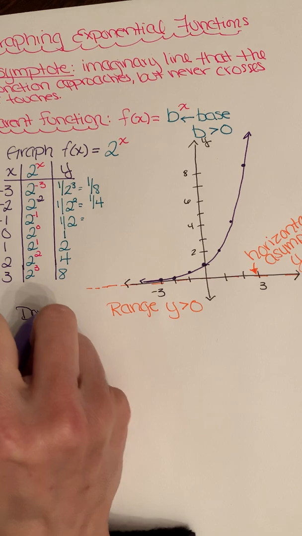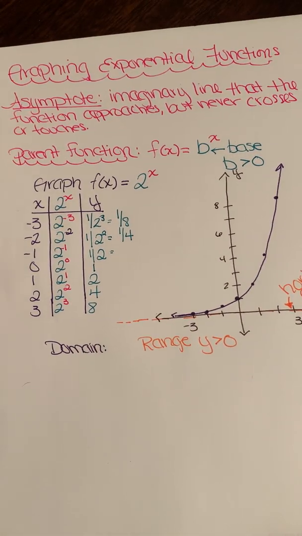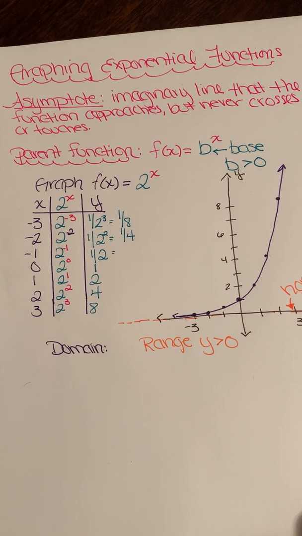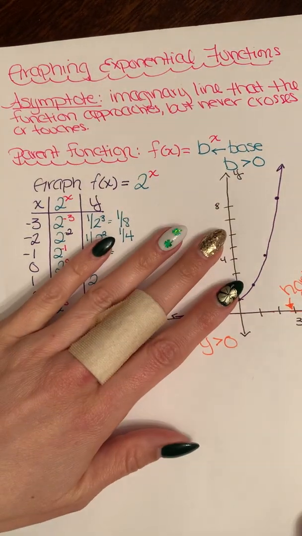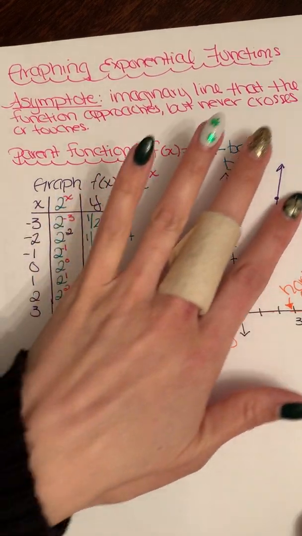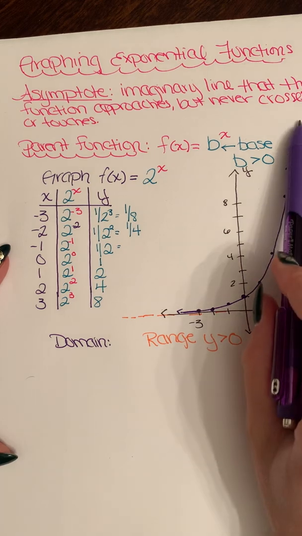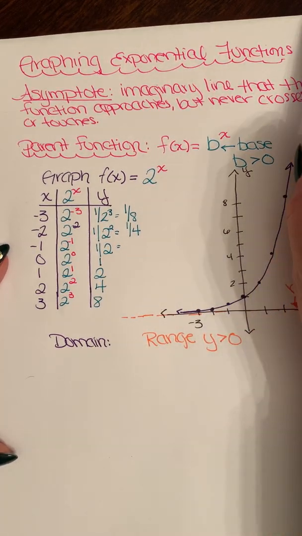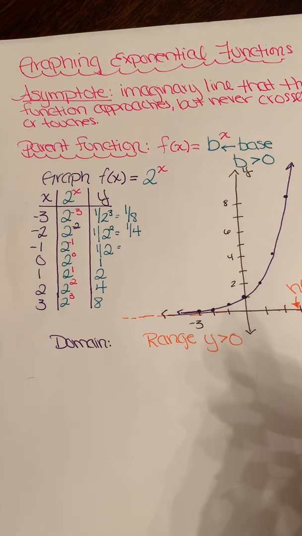So our domain, I don't have any restrictions on my domain, right? I can go all the way to -infinity, and even though it looks like it's gonna start to go vertical, it doesn't. It can go all the way to +infinity for your x values, right? It looks like it's gonna become a vertical line, but it doesn't.